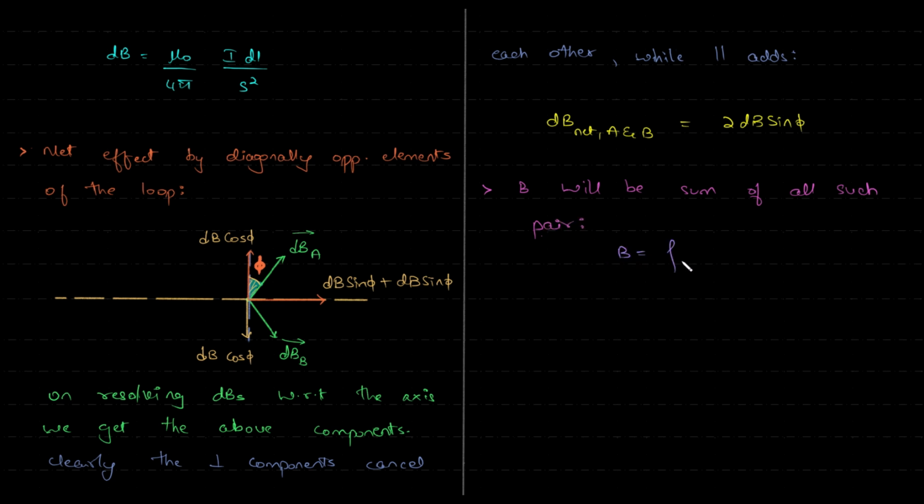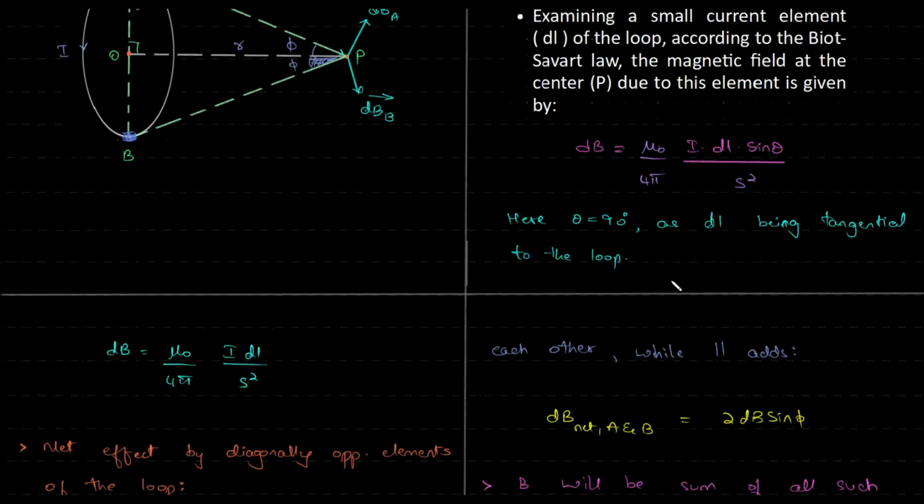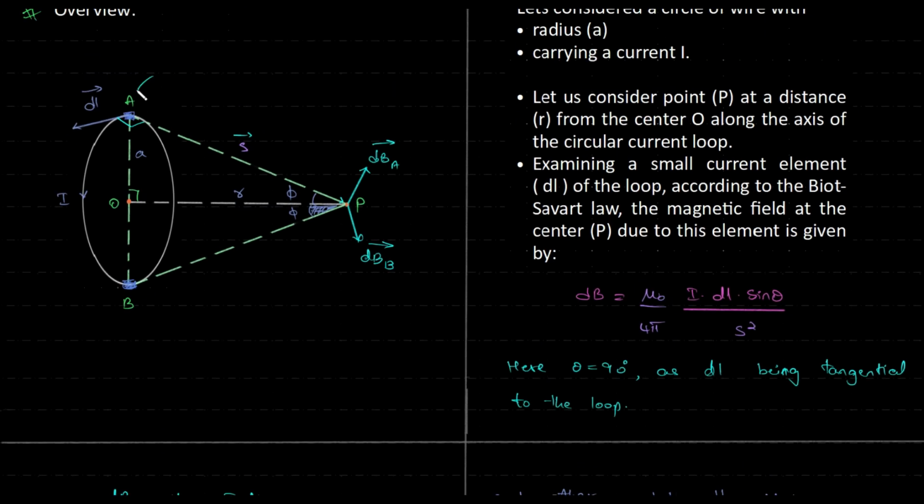So B is equal to integration of dB net effect by A and B. So we are integrating from half the way. What I mean is starting from A till B. If I go one loop, by default, the other loop will be added by itself.